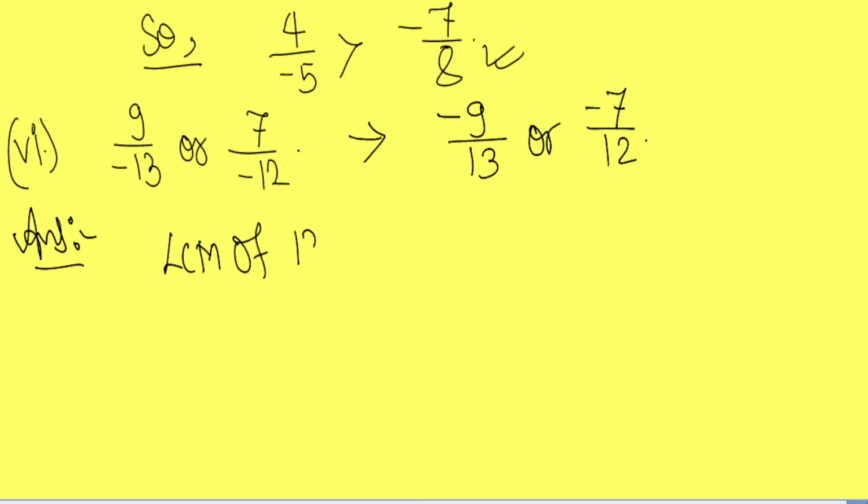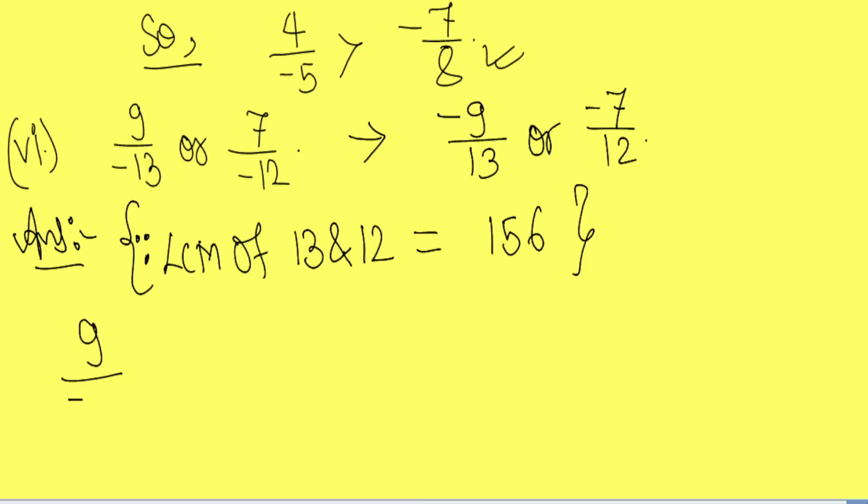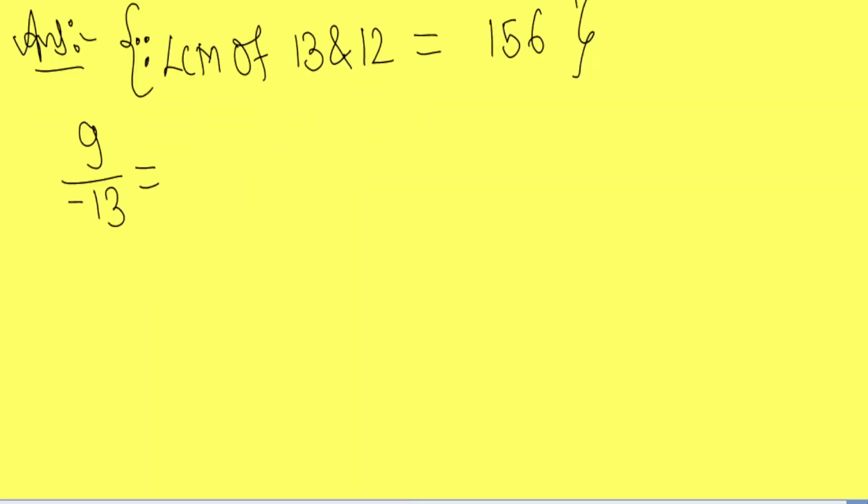Now you are free to find the LCM of the denominators of both numbers. So the LCM of 13 and 12 is equal to what? LCM of 13 and 12 is 156. Now taking the first rational number, 9/-13, not 9/-13, it's -9/13.